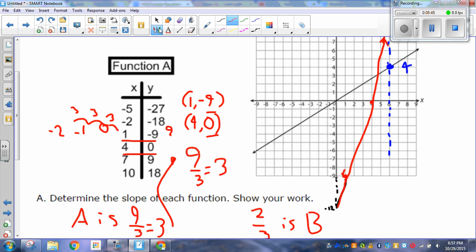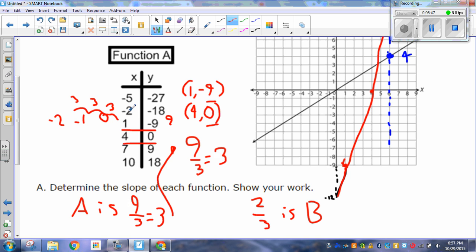Let me explain. -1, instead of being -18, will be -15. 0 will be -12. 1 will be -9. 2 will be -6. 3 will be -3.